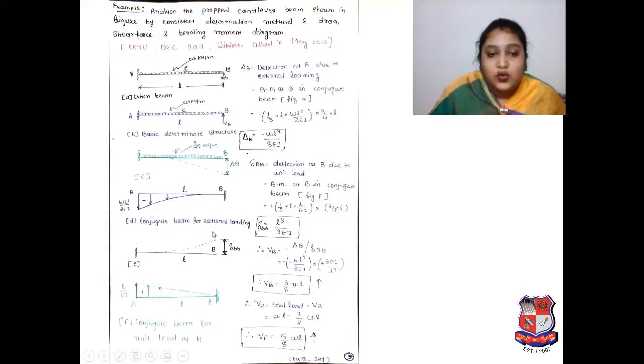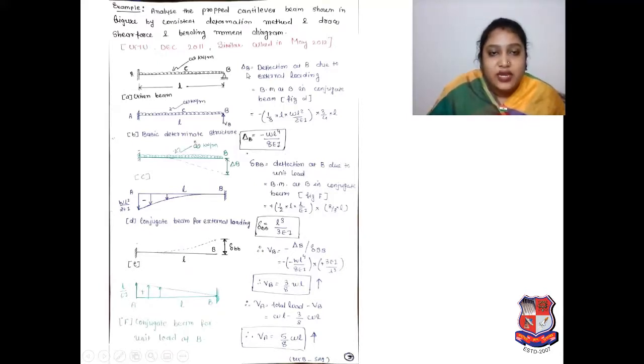For that one unit load upward, your deflection in the upward direction will be like del BB. After that you have to draw that del BB diagram, and for whatever unit load was there, you have to prepare a conjugate beam. So the conjugate beam for unit load at B will be like that, L upon EI, and it is in triangle shape.